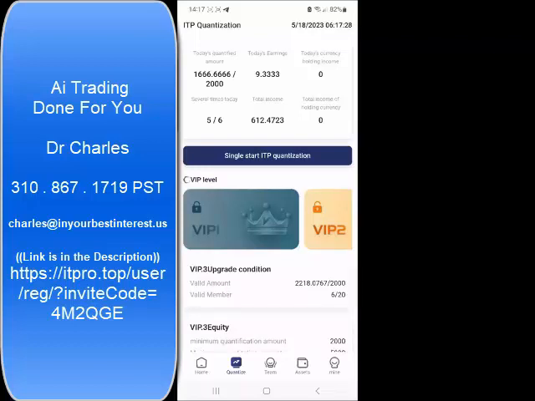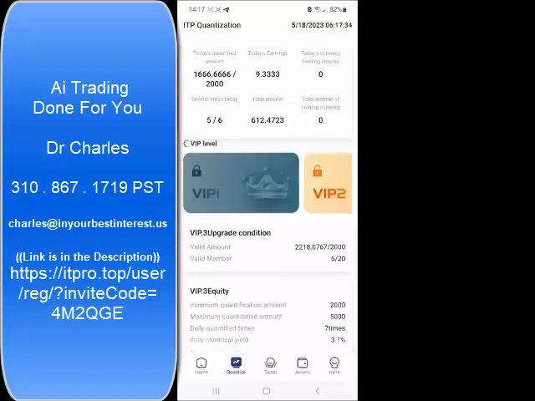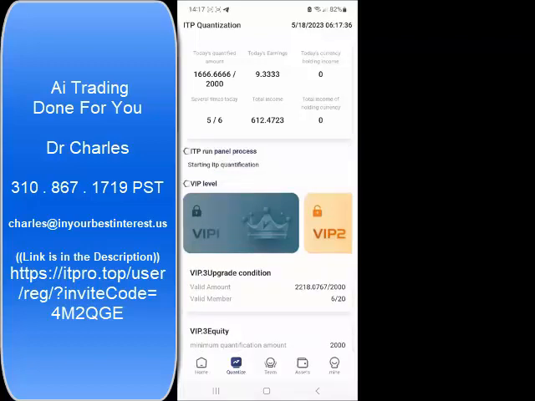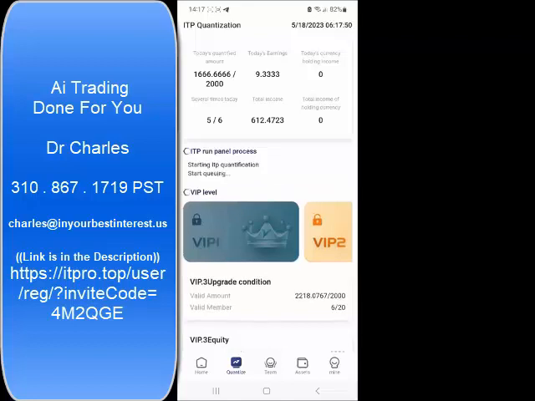If I do it again, if I press that button where it says single start ITP quantification, right, it started the quantification. It can be a little bit like watching a kettle boil, waiting for this to happen. So sorry about this, but you'll see. Okay, starting queuing.